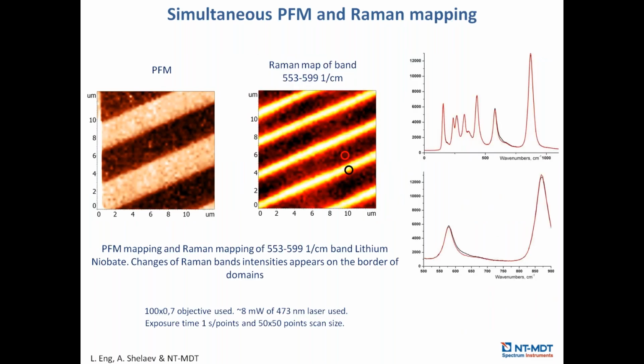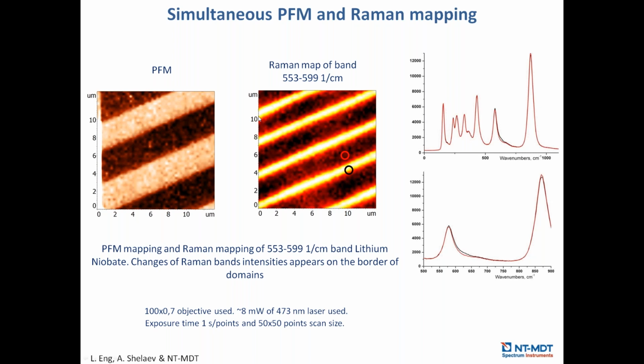This is an example of correlative PFM, piezo force microscopy mapping, with Raman mapping. The black and white stripes correspond to domains on the surface with different domain orientation of lithium niobate.